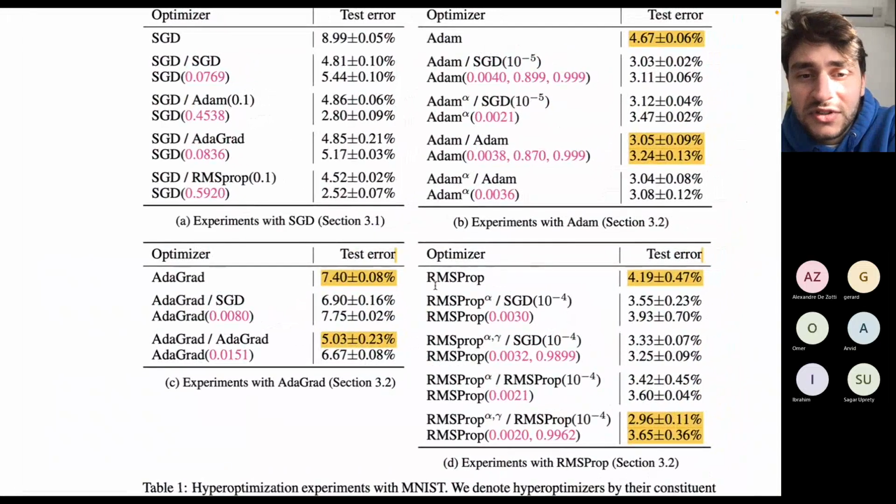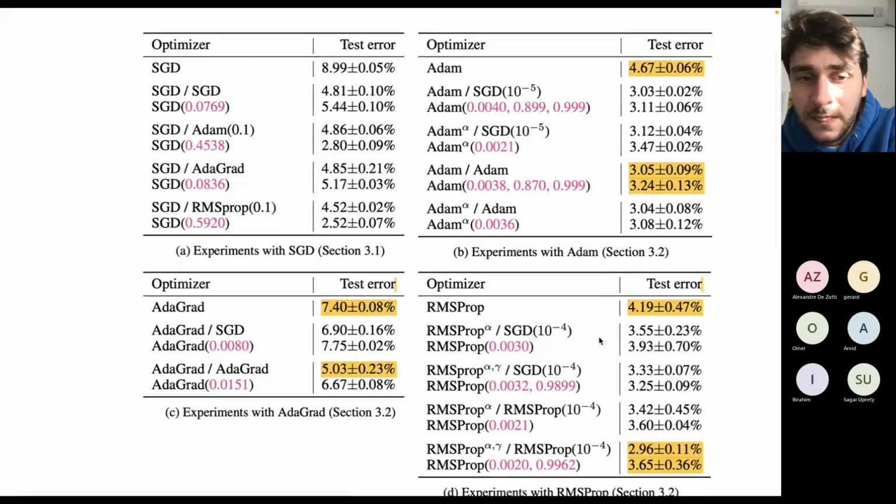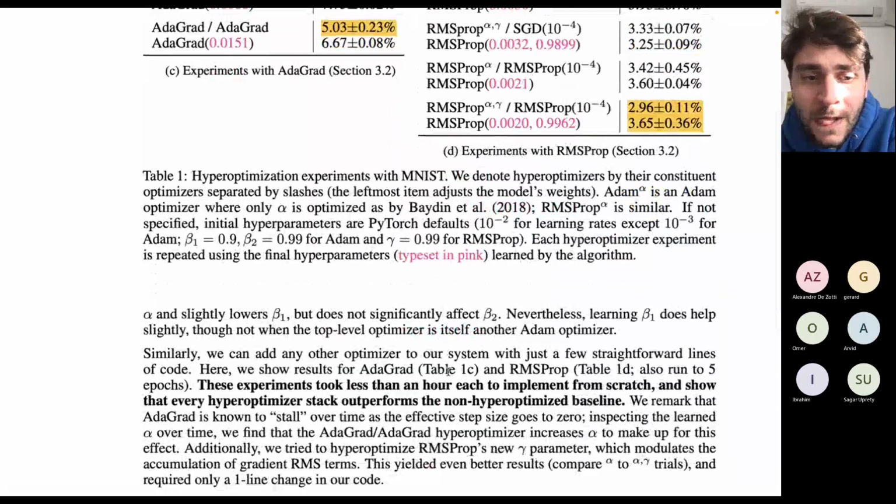The starting performance is lower for all of them, so all of these optimizers already perform better than standard SGD with the hyperparameters they started with, but that also means the difference in performance is less. Here you can even see that the performance is worse with the converged hyper learning rate than the original one. But overall, it's better.